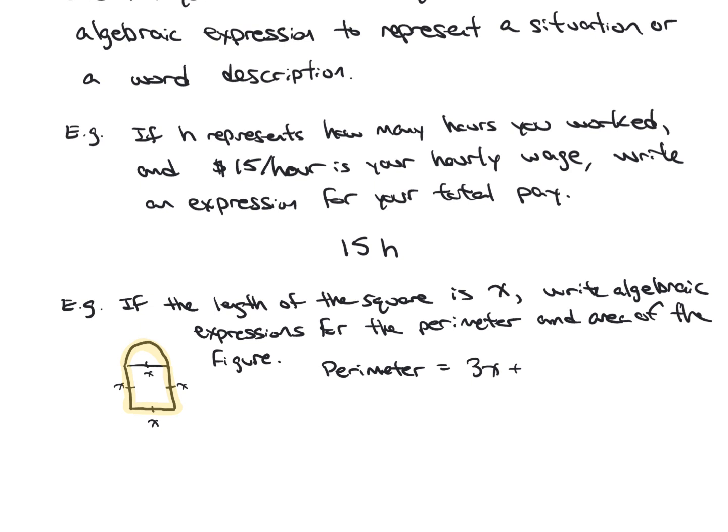length of the semicircle. So maybe you heard of the word circumference before. And circumference is equal to the number pi times the diameter of the circle. So in this case, it would be pi times x, because x is the diameter of the circle. Now that's the circumference of an entire circle, but here you only have half of a circle.